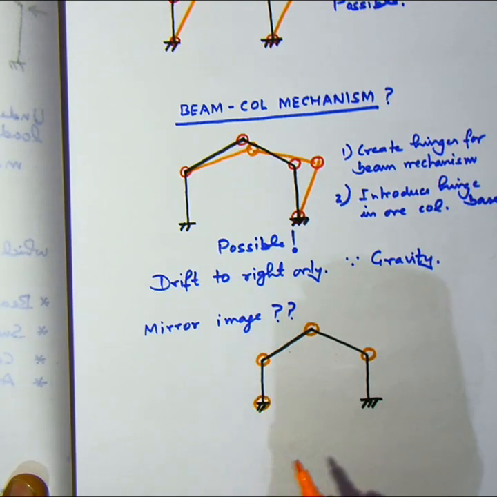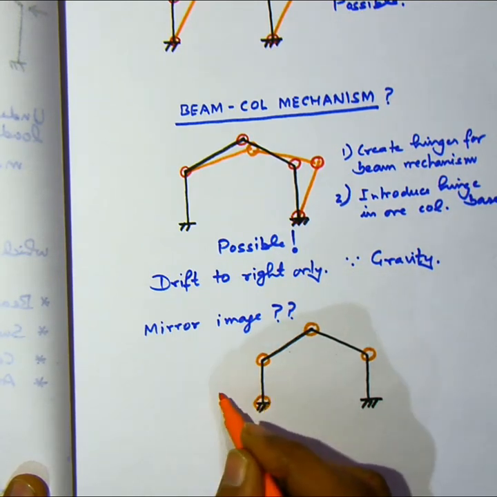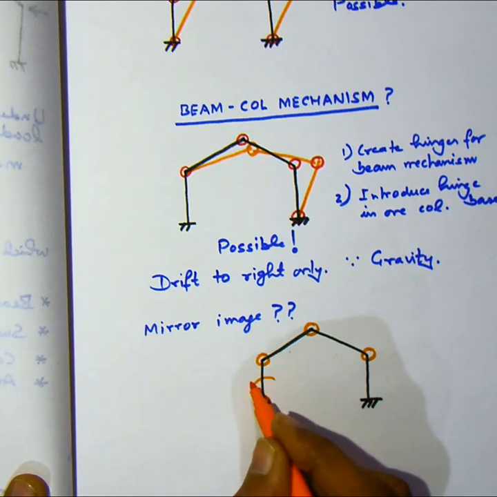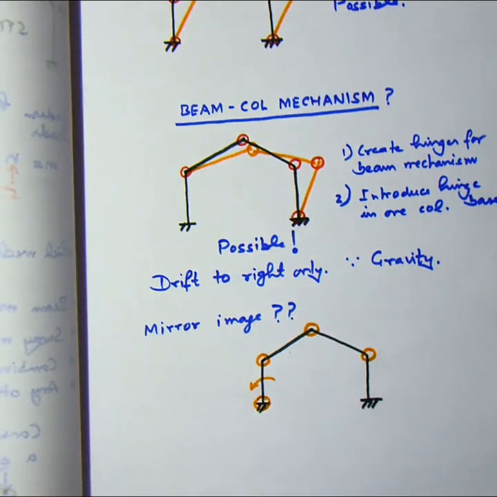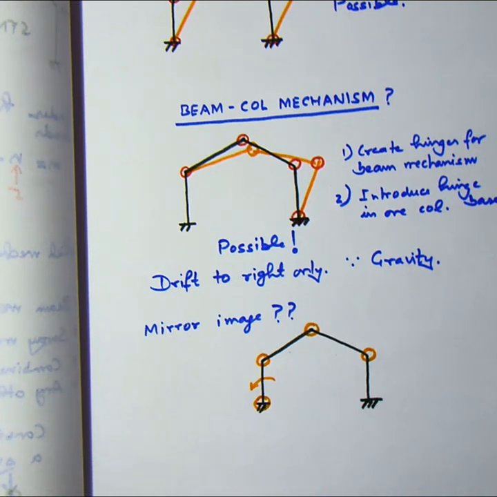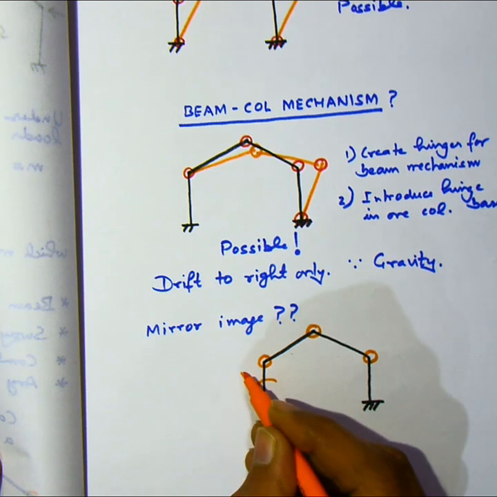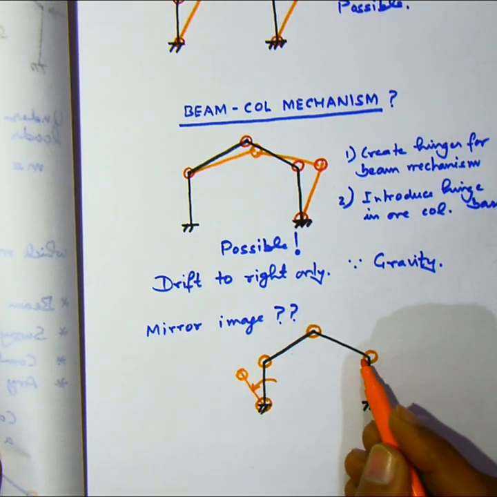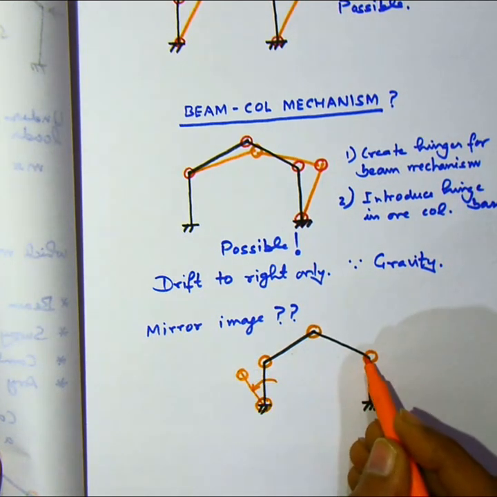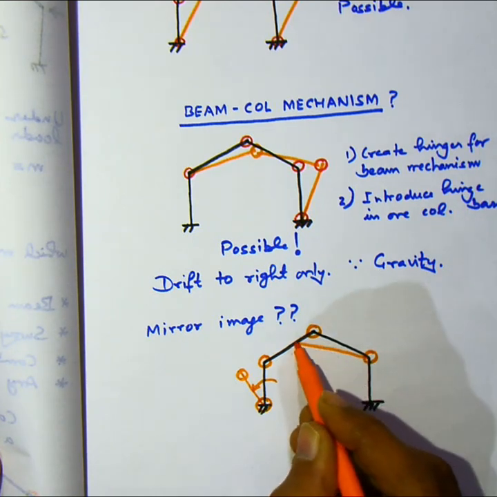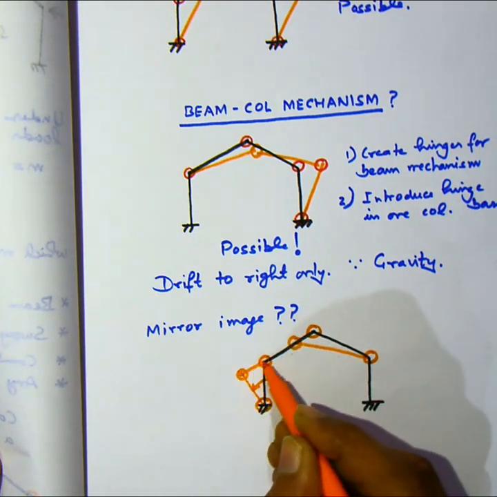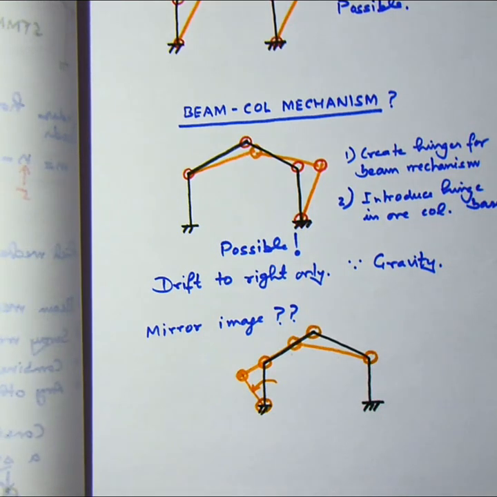So we have the same 3 hinges for the beams, and then we have created one extra hinge in the left. So now it will drift to the left. It cannot drift to the right because gravity is there on the top. Gravity is acting on the top beams, so that will definitely prevent drifting the other way.